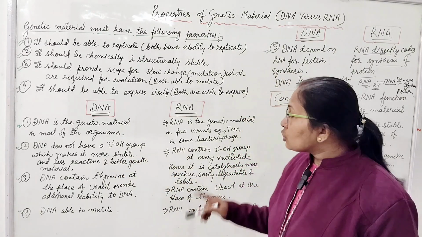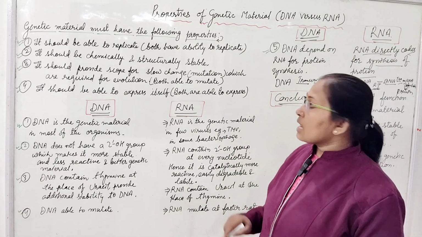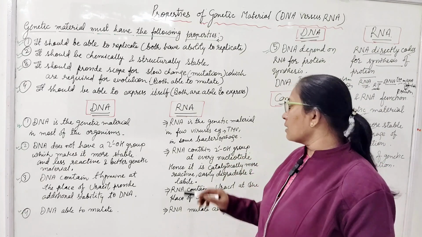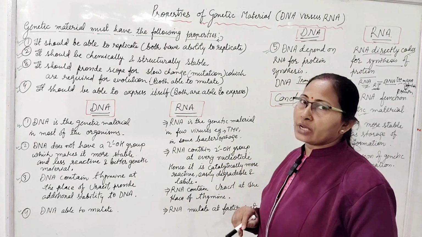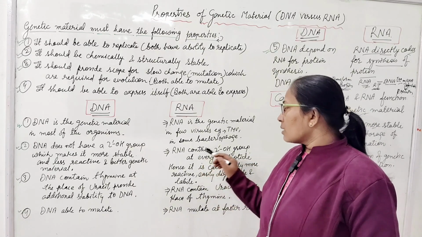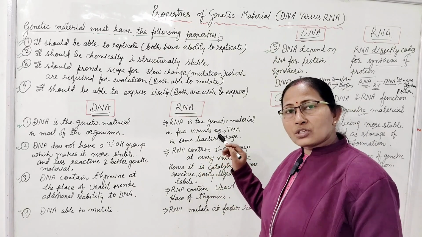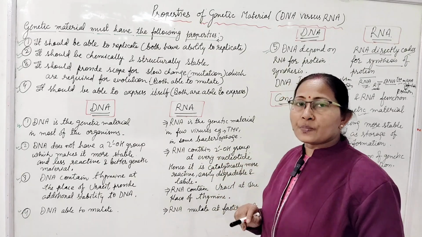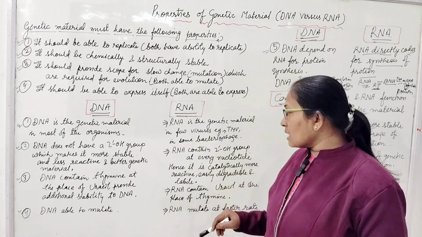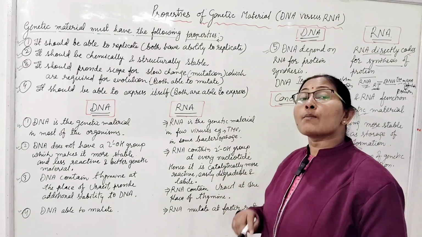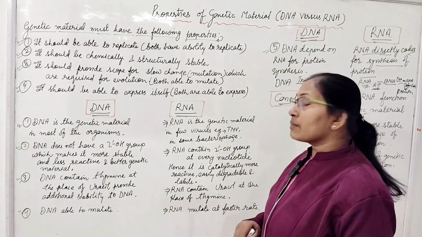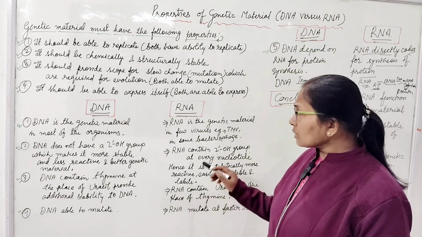In RNA, two hydroxyl groups are present, at the second carbon and at the third carbon of the pentose sugar in every nucleotide, which makes it catalytically more active, more reactive, easily degradable and labile.